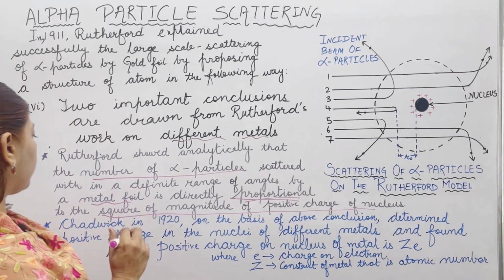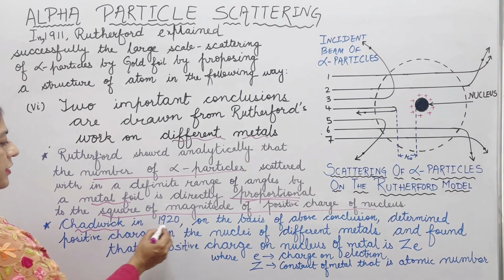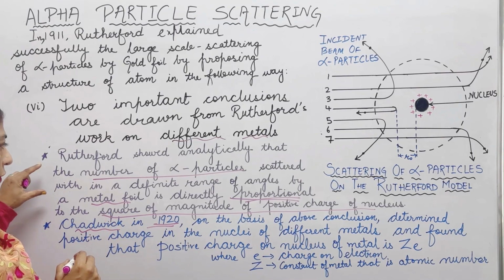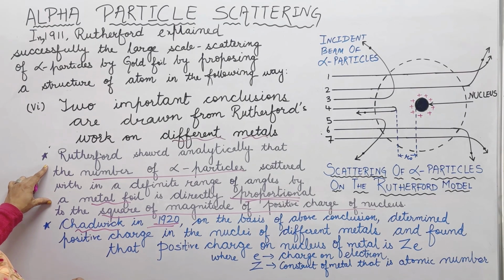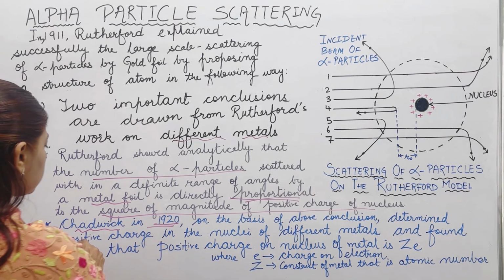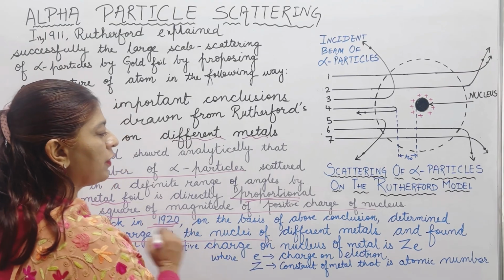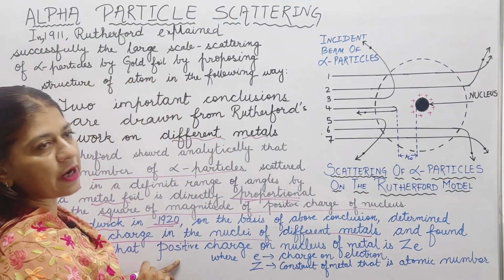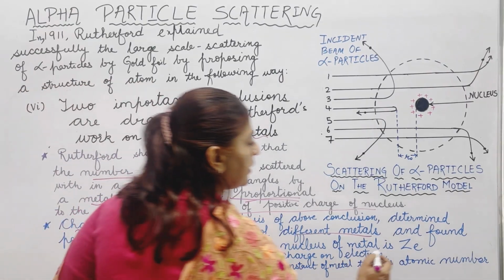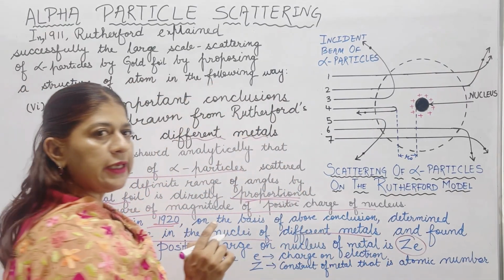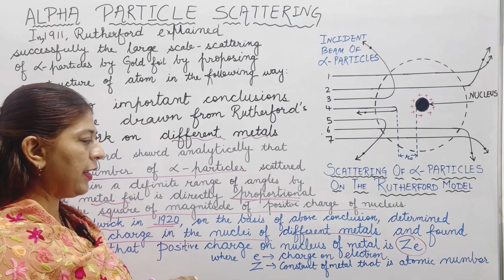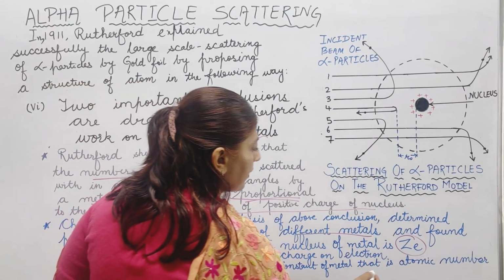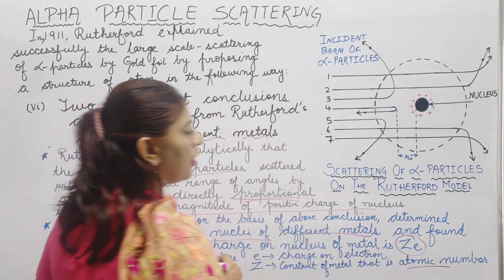And second, very important, Chadwick, another scientist, in 1920, on the basis of this concept, determined the positive charge in the nuclei of different metals, and he found that this positive charge on the nucleus of metals is Ze, where e is the charge on the electron and Z is the constant of any metal, that is its atomic number.